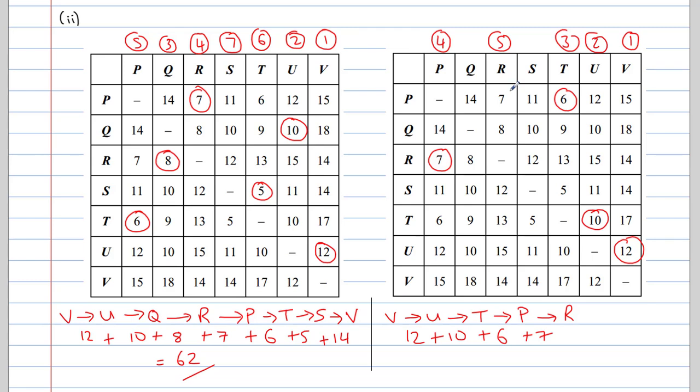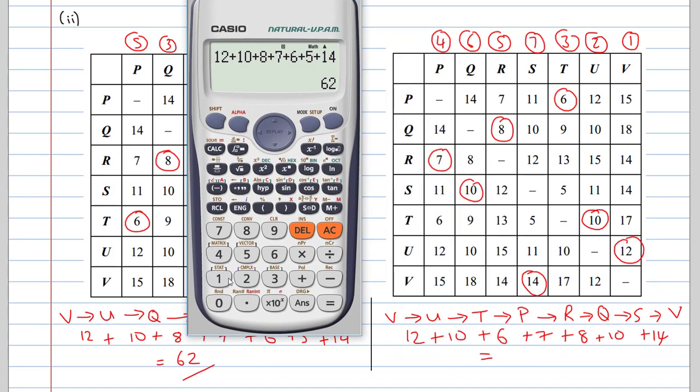Then from R, we're not allowed to go to P. We could go to Q, which is 8. And then we have to go to S next, which will be 10. And then finally, after S, we must get ourselves back to V, which is 14. And this time we get 67.